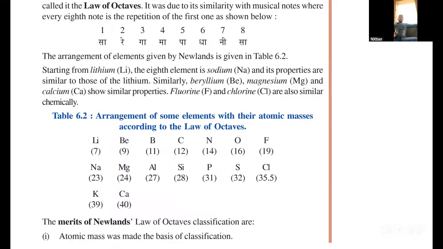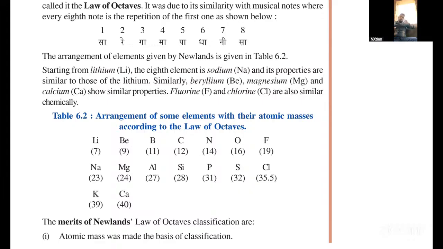Inertness means they have a lot of attitude. They do not want to react with anybody. They are very noble, like Donald Trump. So the noble gases are helium, neon, argon, krypton, xenon, radon, and oganesson. There are seven of them. These gases are inert gases. They don't want to react with anybody.